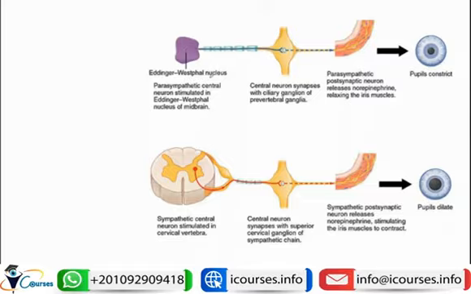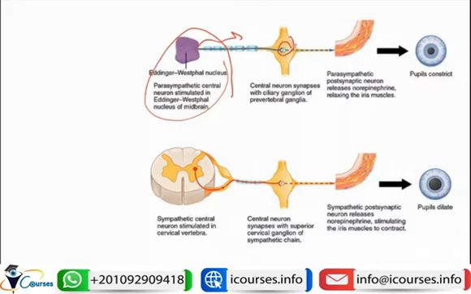So let's take the previous example into action. Let's say this is the parasympathetic system of the eye. The center is the Edinger-Westphal nucleus, which will give preganglionic fibers that will relay in the ciliary ganglion.